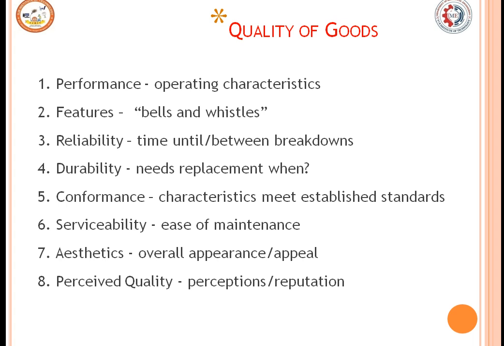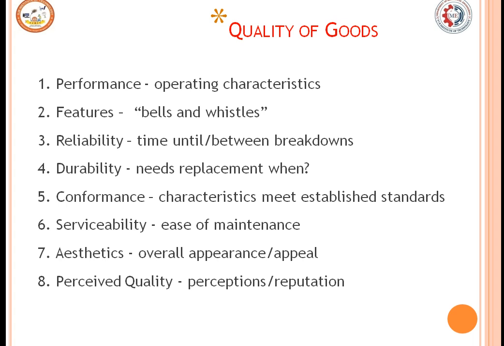What are the qualities of goods? Performance, features, reliability, durability, conformance, serviceability, aesthetics, perceived quality. What is performance? It is operating characteristics. Features means bells and whistles, meaning it must give output based on the product usage at the regular time. Reliability tells the time between breakdowns.